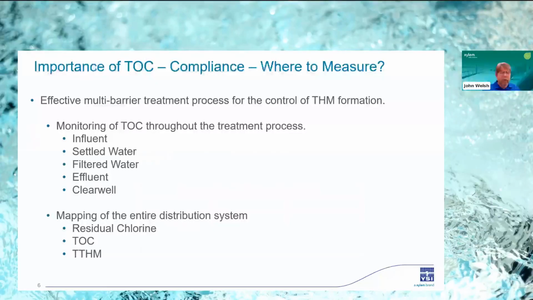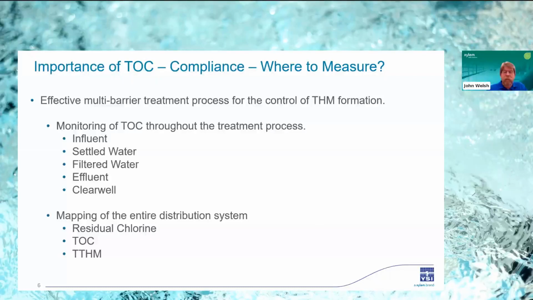In this slide, I show the points in the treatment process that should be characterized for TOC. Of course, as the previous slide showed, the two most important points are the influent and effluent, so that the TOC target removal targets can be reached and monitored.